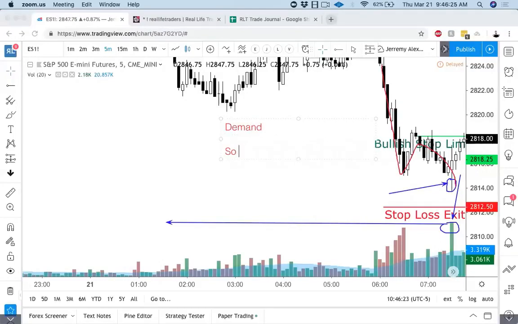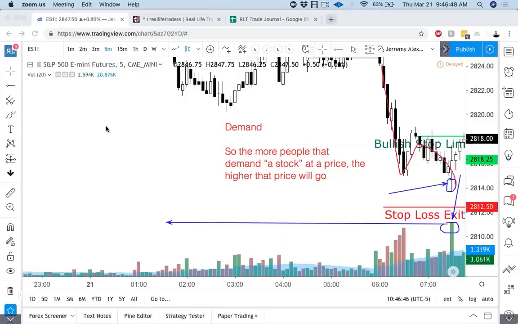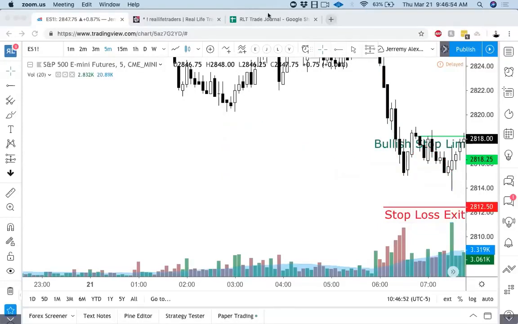So the more people that demand a stock or whatever it is that you're trading at a price, the higher that price will go. That is just pure economics. Simple as that. So when you're looking at volume, what you're looking at, ladies and gentlemen, is supply and demand. How many people are supplying the positions and how many people are demanding it?